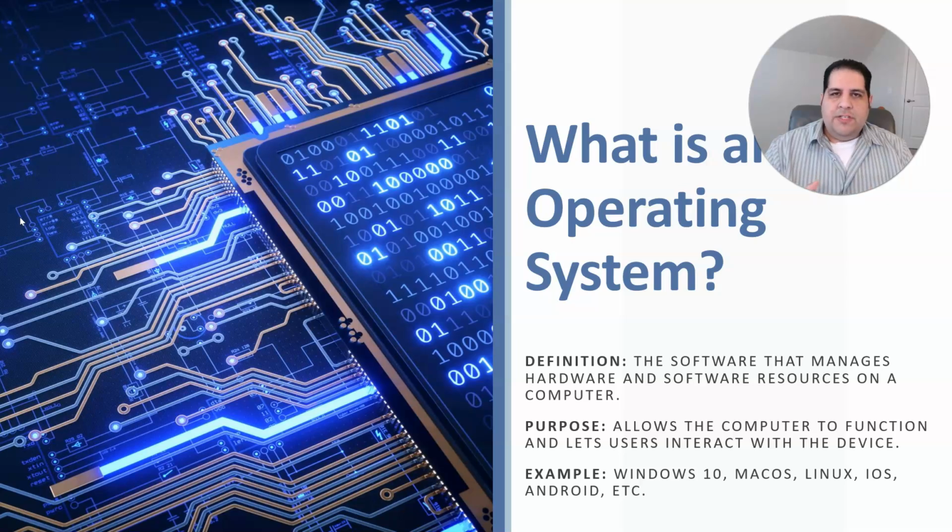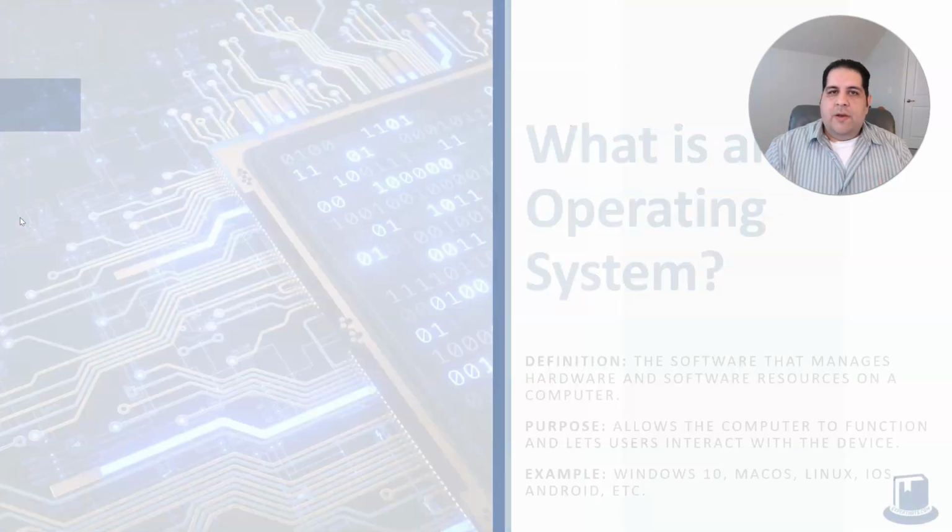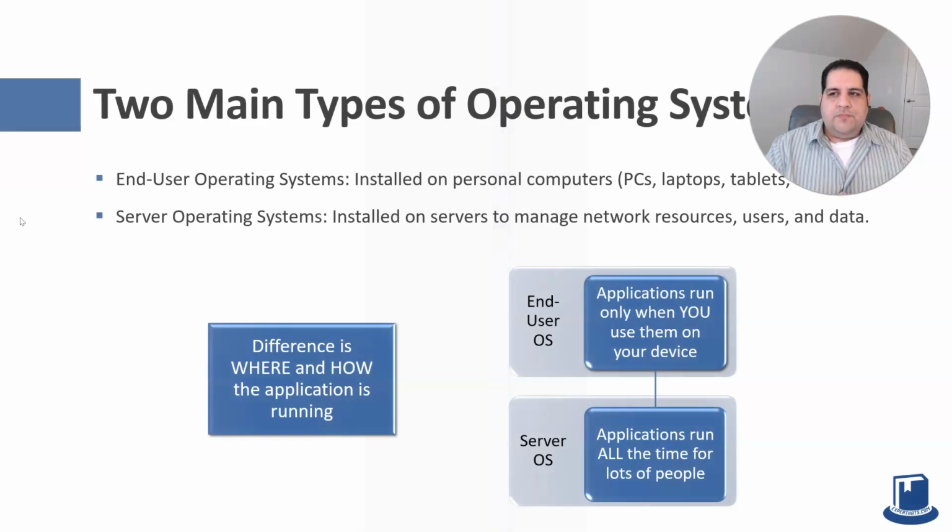Now, I already mentioned a couple examples, but let's get into the differences a little bit when we're talking about end user operating systems versus server operating systems, because there is a difference. When you look at those differences, you'll first be able to distinguish them in regards to what hardware the operating system is running on.